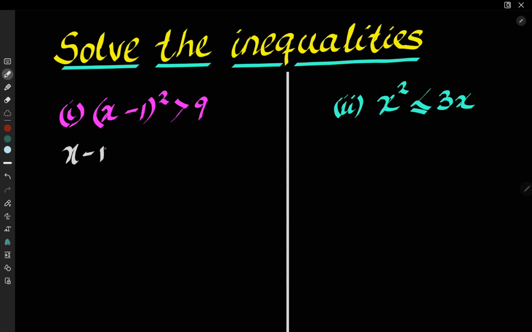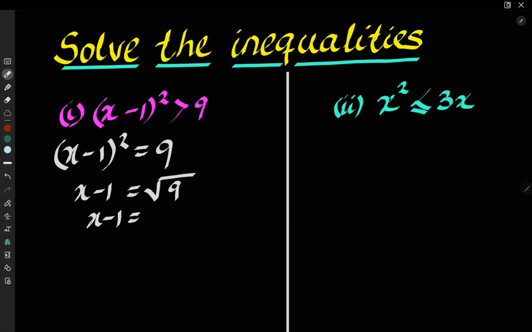So in this case, (x minus 1) squared will be equal to 9. Then you can choose a method whereby you bring the 9 this side, but I'm not going to bring the 9 that side, because this side is a square, so it's easy to find the square root of that side. So I'll just say x minus 1 is equal to the square root of 9, and then x minus 1 is equal to plus or minus 3.